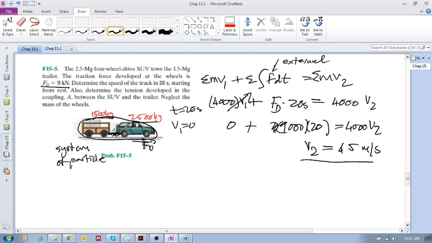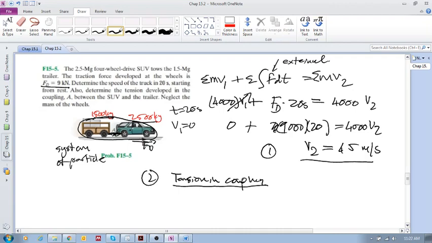All right, so now that's question 1, which was calculate the velocity of the truck at 20 seconds. The second one is, let's call it the tension in the coupling.